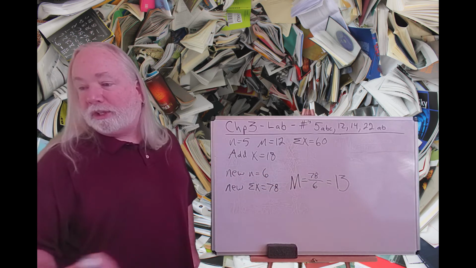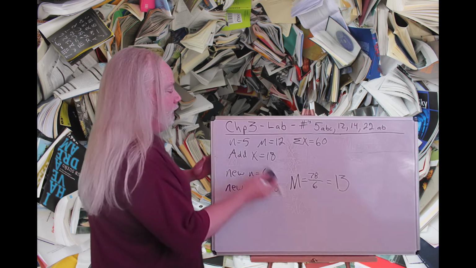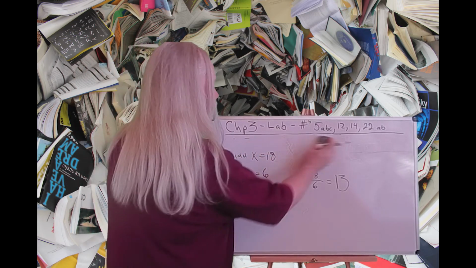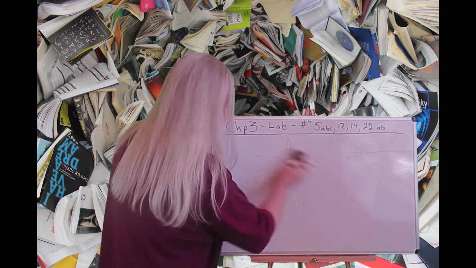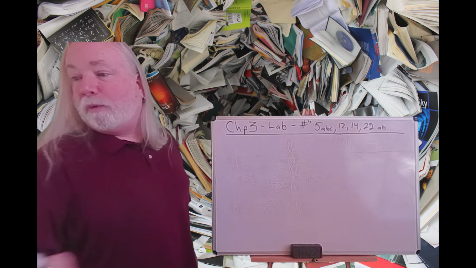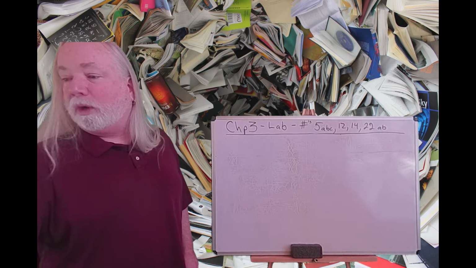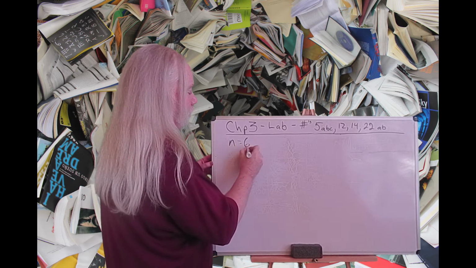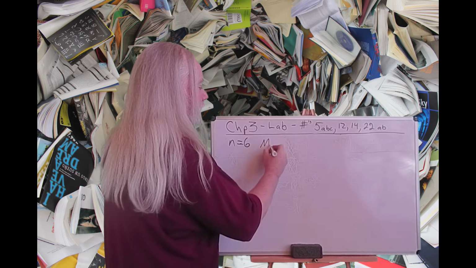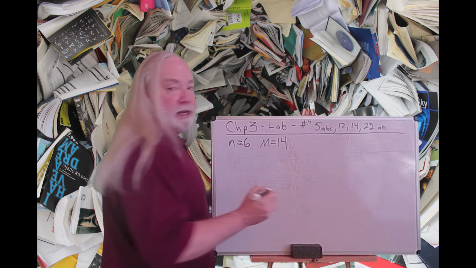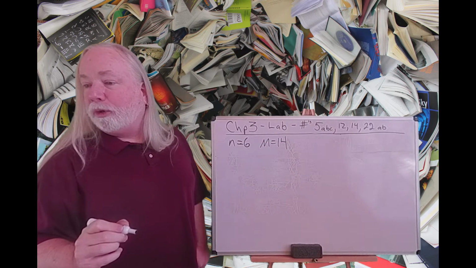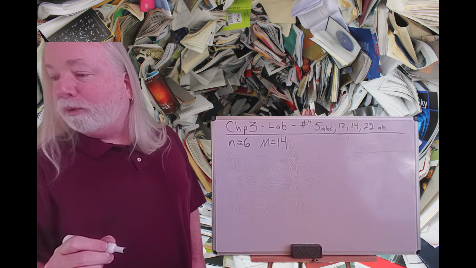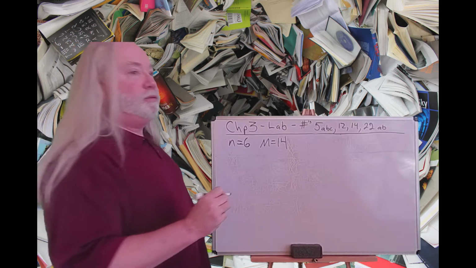Question number 14 is another one of this style of question, I suppose. Question number 14 says a sample of 6 scores has a mean of 14. After one new score is added, the new sample has a mean of 12.